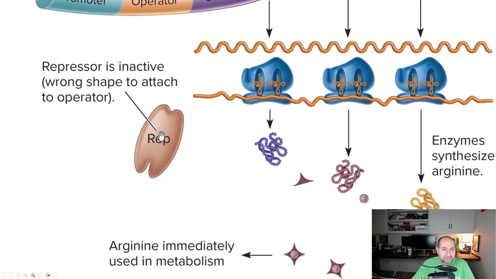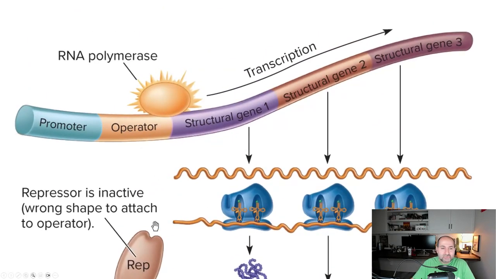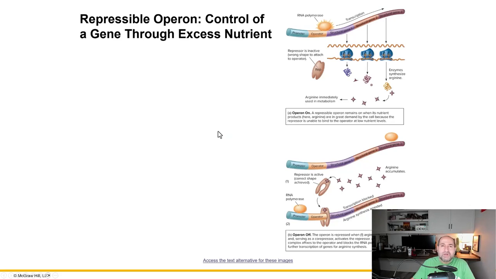And the reason the operon is on is because the arginine operon repressor is inactive. It's inactive. It does not bind to the operator normally. So how does this operon turn off? Let's discuss that. How is this operon repressed? Remember, this operon can be repressed if I were to spike in a bunch of arginine.